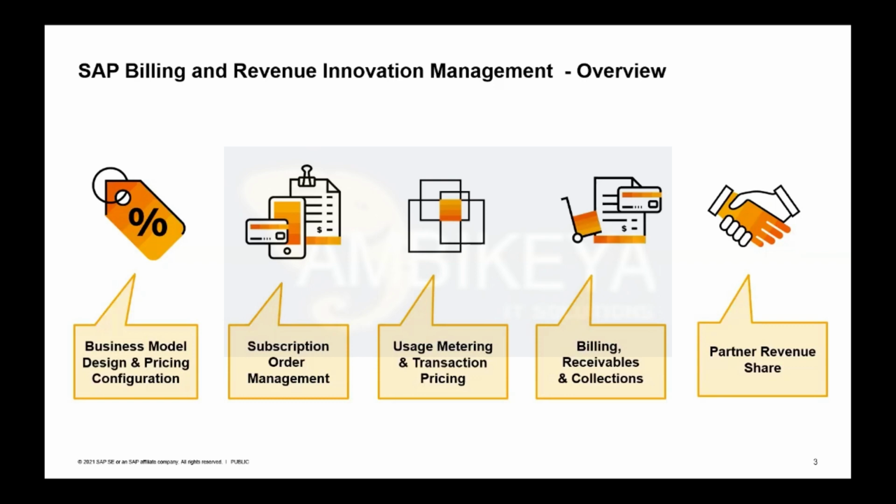Then we have billing, receivables, and collections. I think you already know that SAP is very strong in finance, and for high volume transactions, we have financial contract accounting in place for receivables.